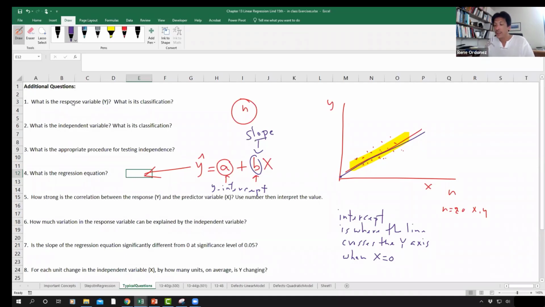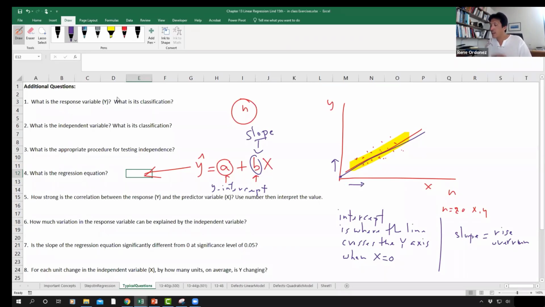The slope is defined as, well, this is something that you may have heard maybe in your economics class or maybe algebra class. The slope, in a technical way, is known as the rise over run, meaning, by how many units does y increase when x is increased by 1 unit.